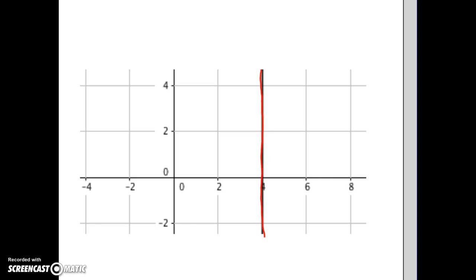The slope, well, it is a vertical line, so the slope is undefined. And the y-intercept, this vertical line does not have a y-intercept. It does not cross the y-axis at any point, so there is no y-intercept.